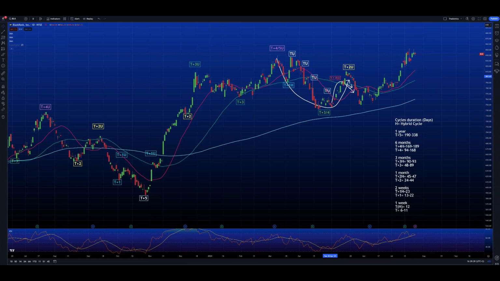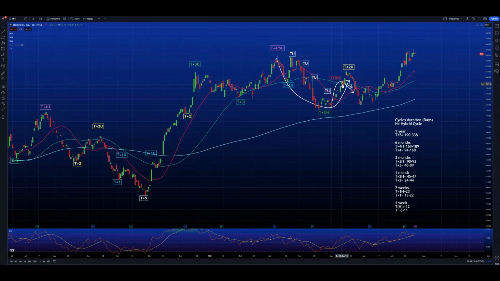So regarding the situation that we have on BlackRock, we said during the last analysis that we were expecting the closing of a T plus 2, or this upward cycle that actually lasted 47 bars, which is basically the maximum duration of a monthly cycle. Here it's a T plus 2 hybrid.